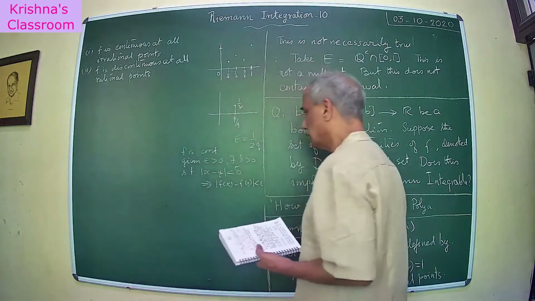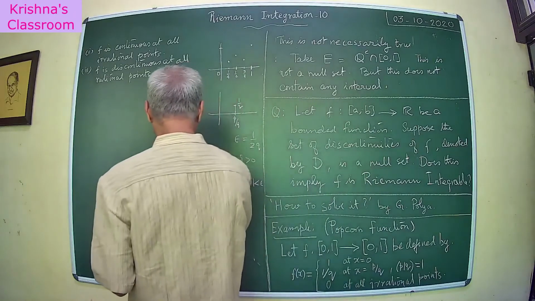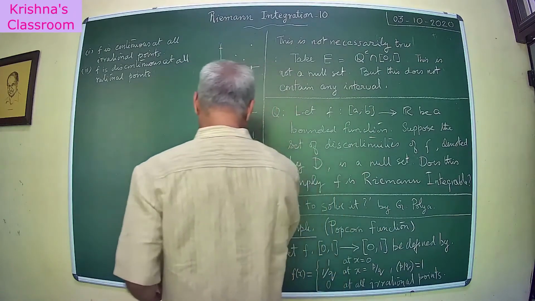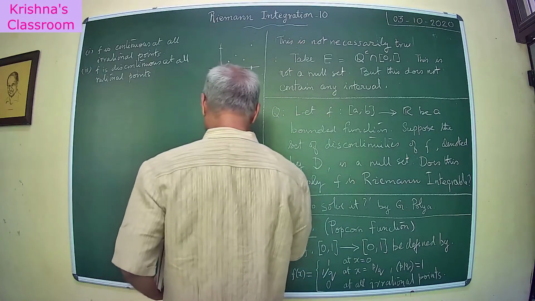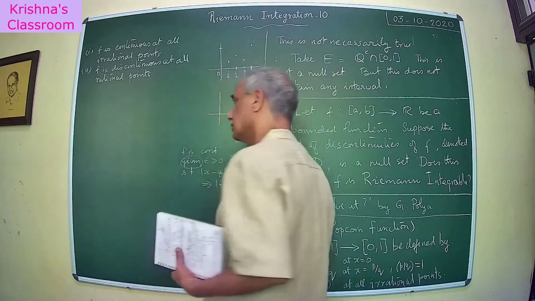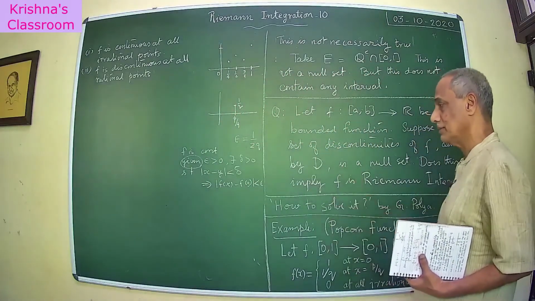This is continuity. So the negation of this is that there exists an epsilon positive with the property that for every delta greater than 0, this does not imply this.